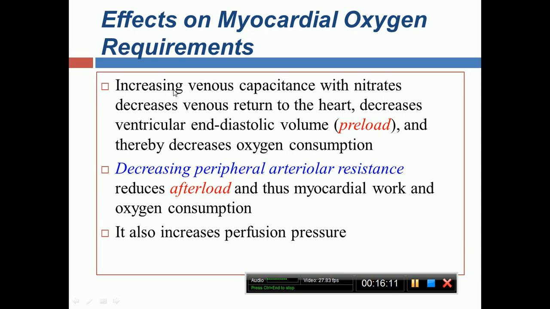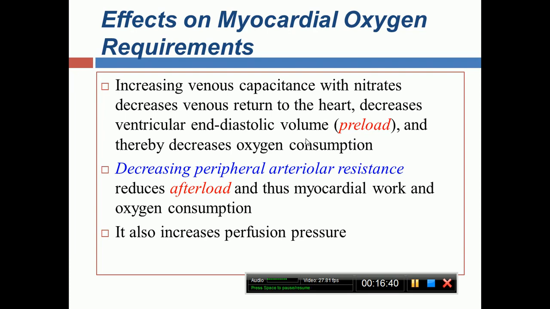So this increasing venous capacitance with nitrates decreases venous return to the heart, decreases ventricular end diastolic volume. So when more blood is retained within the veins, less blood will come back into the heart. So thereby this will decrease end diastolic volume.